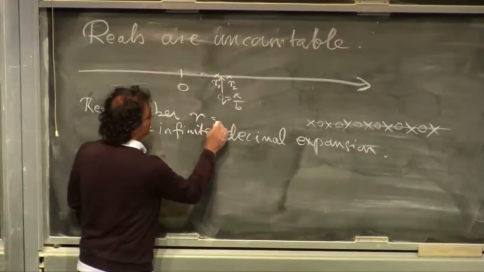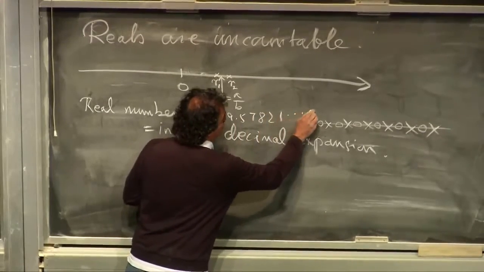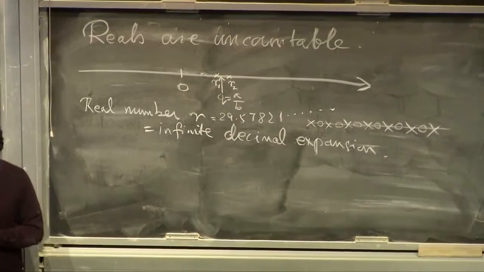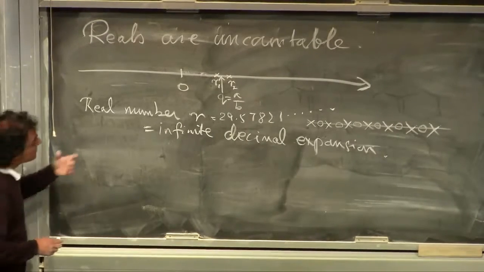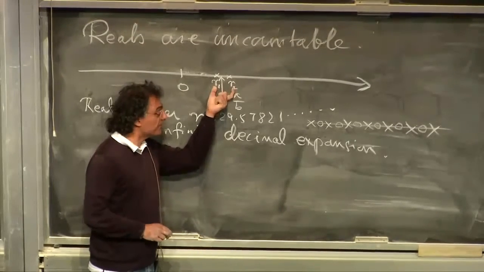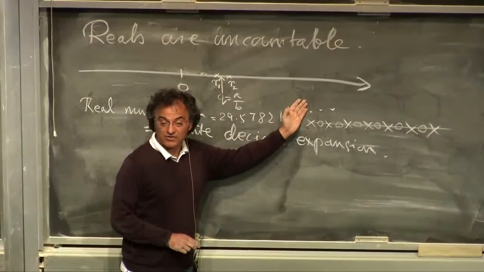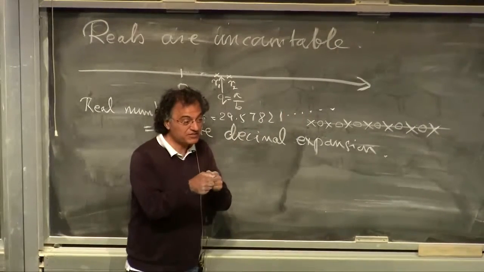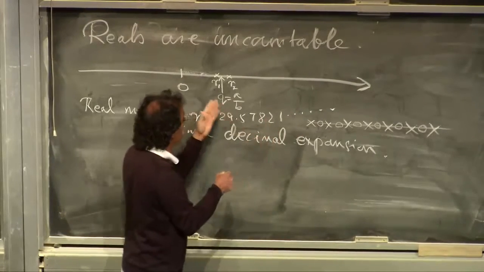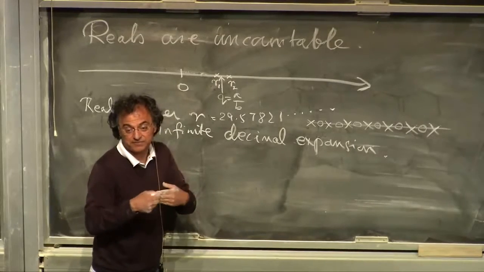So R might be 29.5782 and this goes on forever. Right? So now you can see why between any two real numbers there's a rational number. Because if they are different from each other, they must differ in some finite place. And now you can always interpose a rational number between them by just going out a couple more places and making sure it's bigger than this one and smaller than that one. Right? You have room to play between the two. Okay?